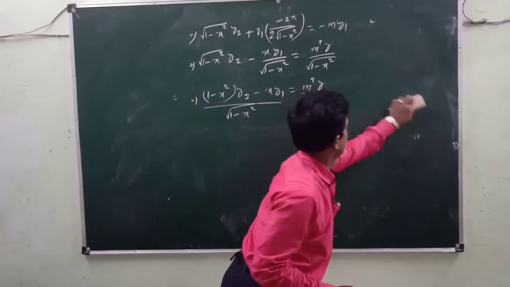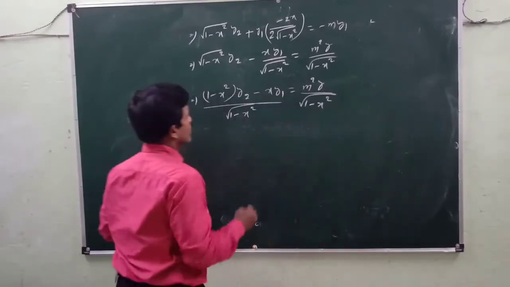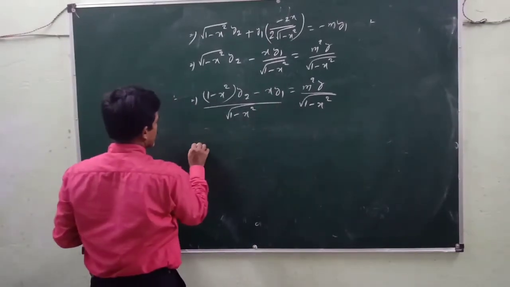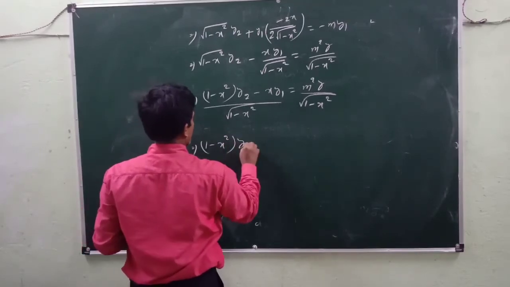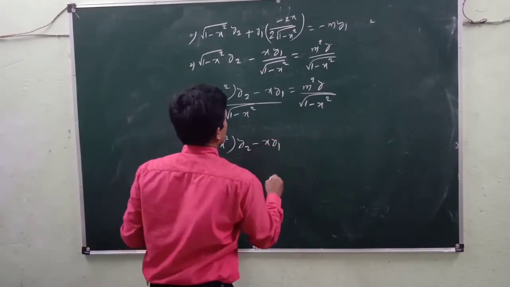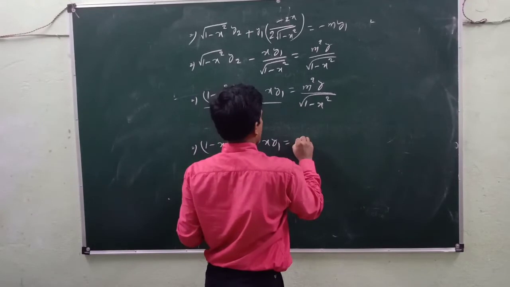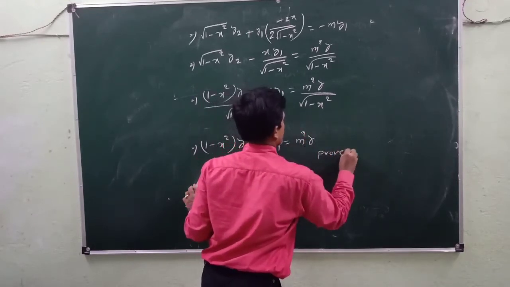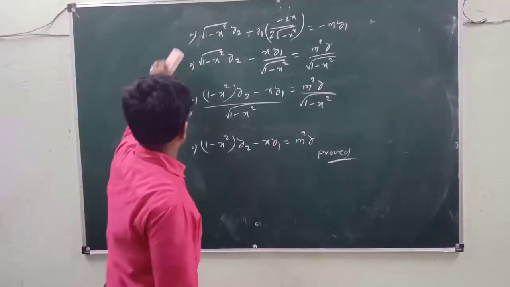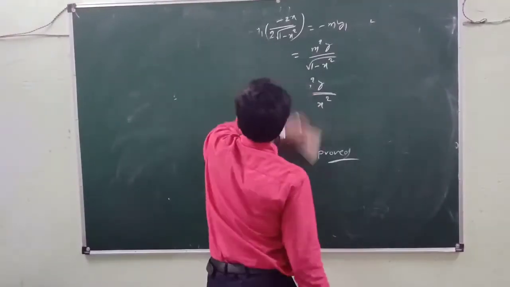Now cancelling the denominator on both sides, that gives you (1 minus x square) y2 minus x y1 equal to m square y2. And number 5, the question is like this.